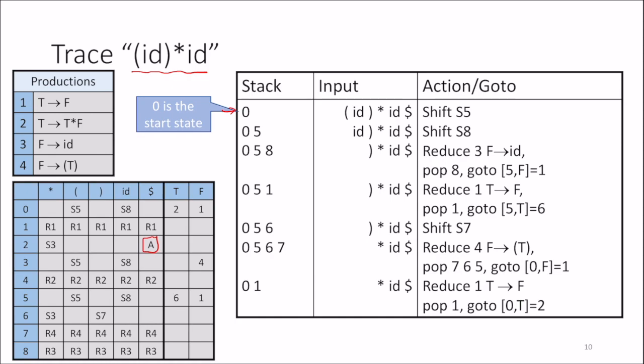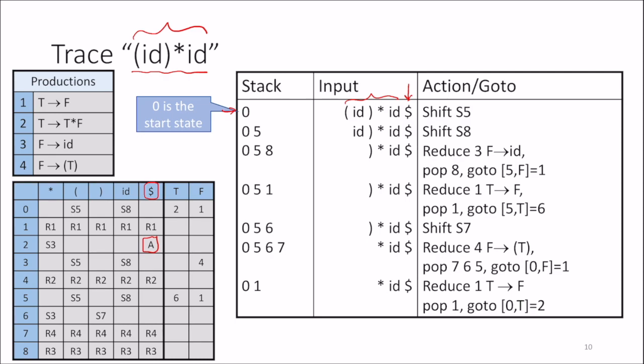We are going to specify 0 here in this table. The state 0 is the start state. So we always push 0 onto the stack before we do anything. And then the entire input, this is the input, and you can see that the input is copied over here, and there is this extra symbol here which signifies the end of input. So dollar is used in order to match the end of the input so that we know when we should accept. And sometimes actually accept is not the only thing you can do.